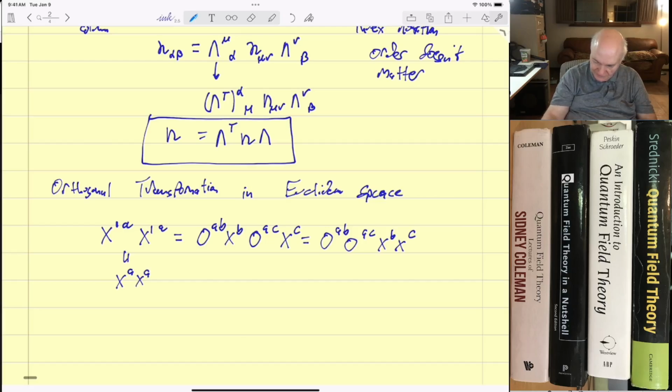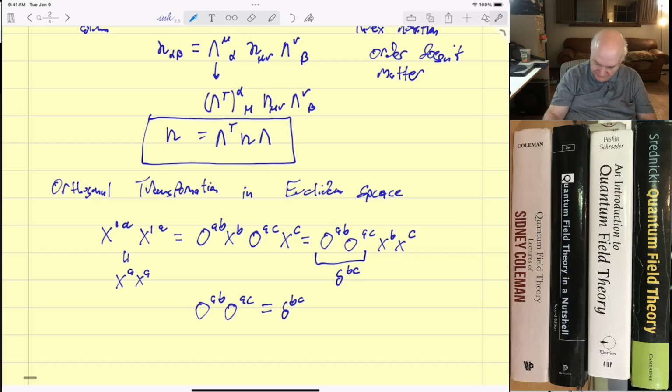So in order to do that, this over here has to be equal to del BC. Now, what we're going to have is OAB. This is the usual transformation that you see for orthogonal transformations. Del BC. This is just the identity matrix.